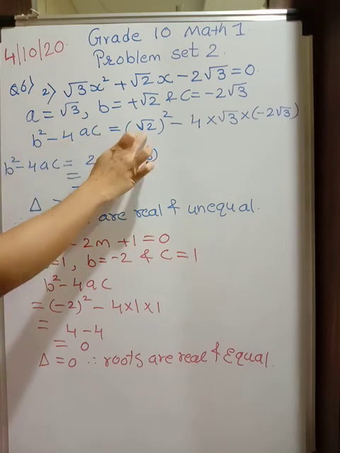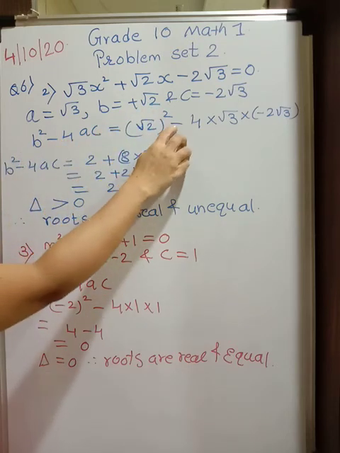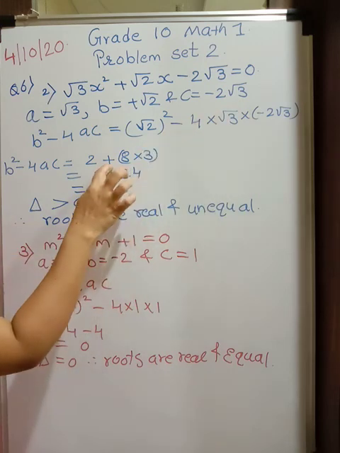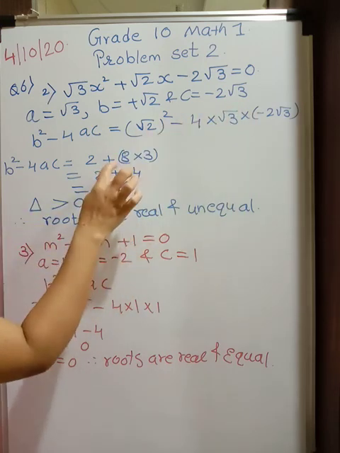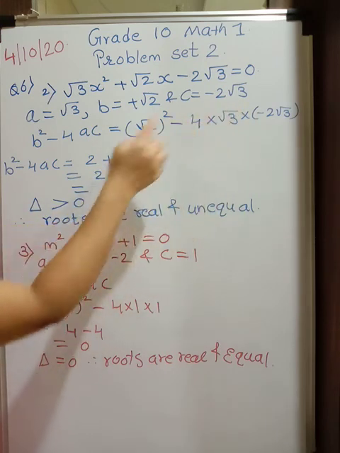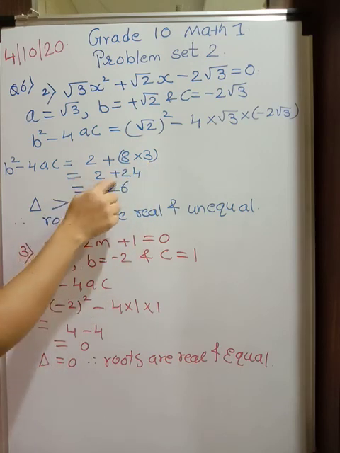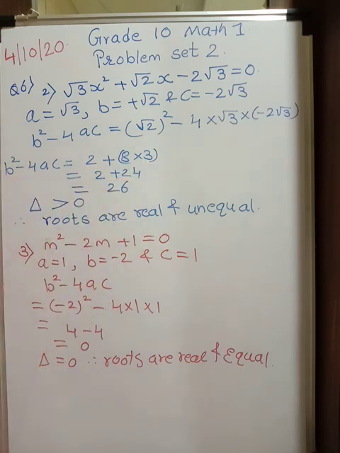You get root 2 square is 2. Now this minus into this minus will be plus. 4 into 2 is 8 and root 3 into root 3 is 3. So 2 plus 8 3s are 24 gives 26. Now the value of b square minus 4ac is greater than 0. It is positive and therefore roots are real and unequal.